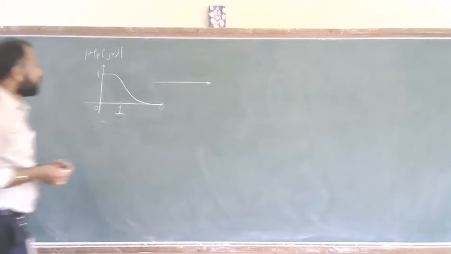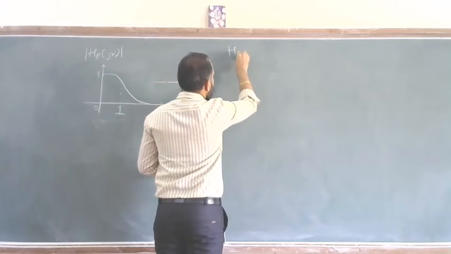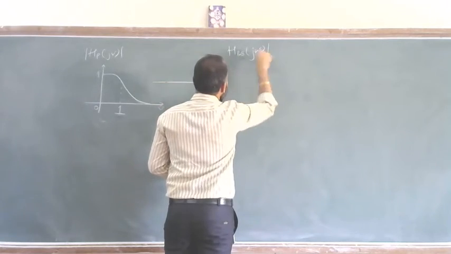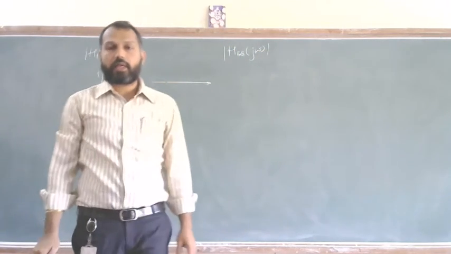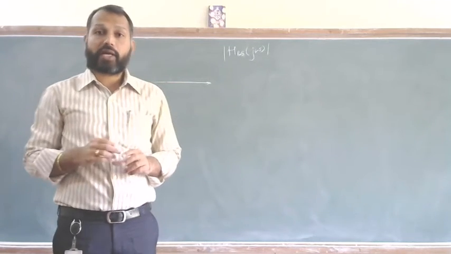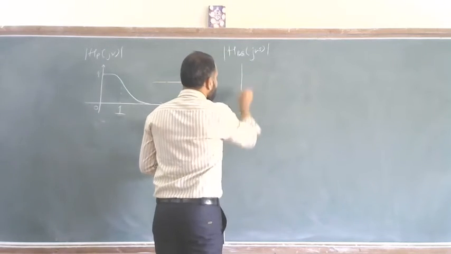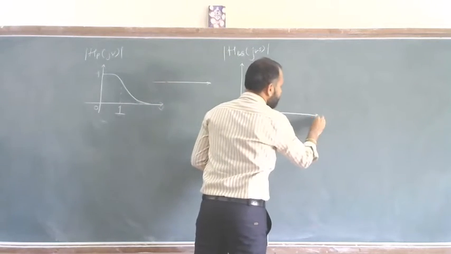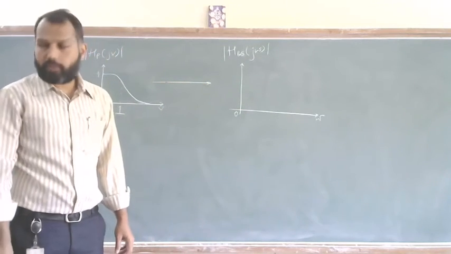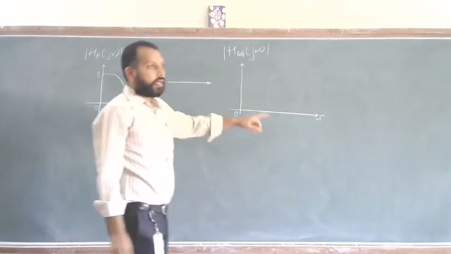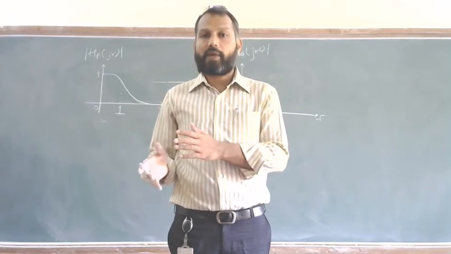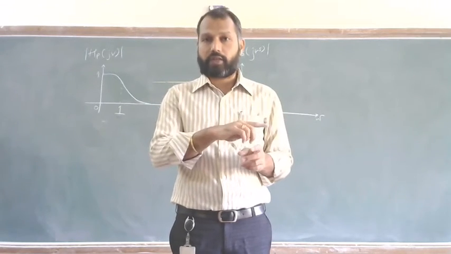If HBS of j omega is the notation used to represent the transfer function of a band stop filter, its magnitude response over the normalized frequency omega will be as shown. Earlier we designed a high pass filter and then cascaded it with the low pass filter. Now here it is exactly the reverse.